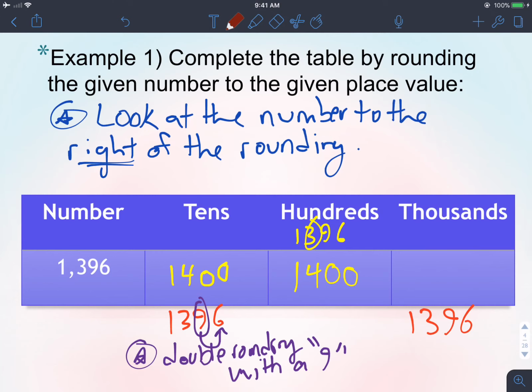Look at the 1, because that's the thousands place. To the right of that is the 3. Let it go. So the last one would be 1,000.